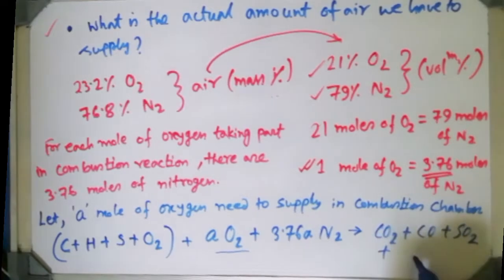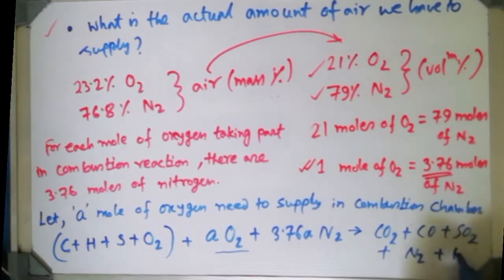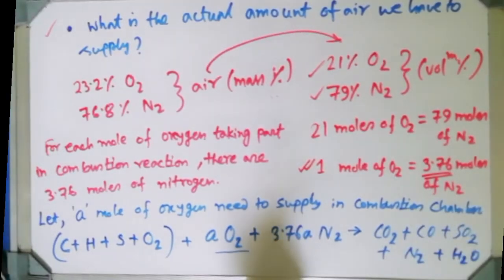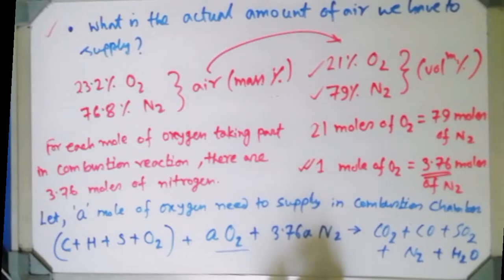Obviously moisture will also be present there. What we can see here is that some amount of excess oxygen we have supplied to the combustion chamber, and along with that excess oxygen, nitrogen is also included, and these are the products where the nitrogen is unchanged.